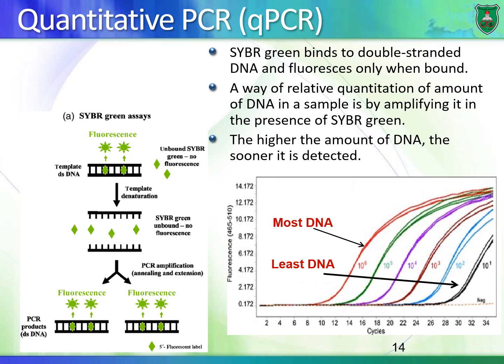So with the second cycle, the 1,000 would become 2,000, and the 100 would become 200. Okay, and let's say that the limit of detection is 10,000 copies.